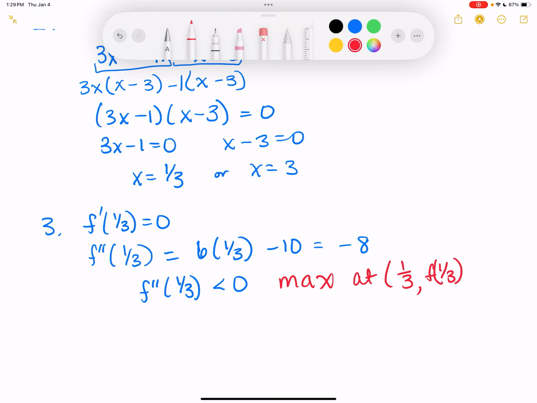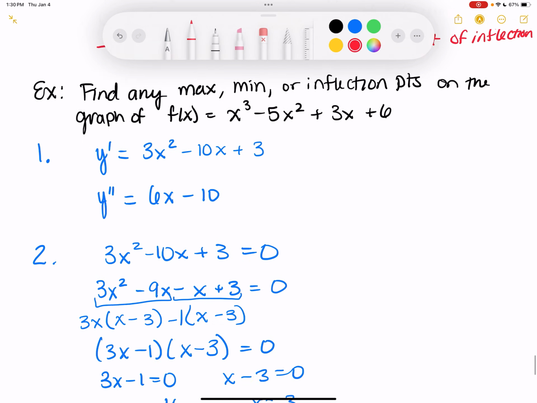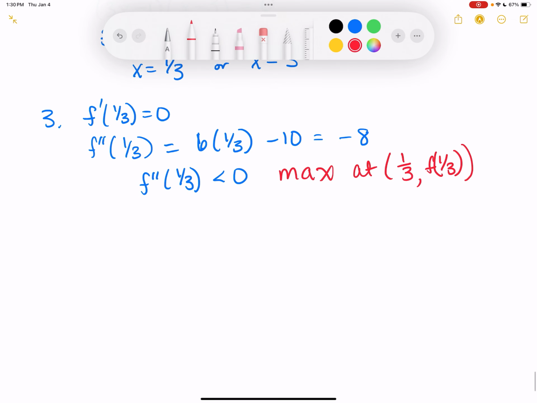That would be the y value. So that would be the original equation at that value is where the max occurred. Which we'll go back and figure out in a minute. All right, so that's the first one.